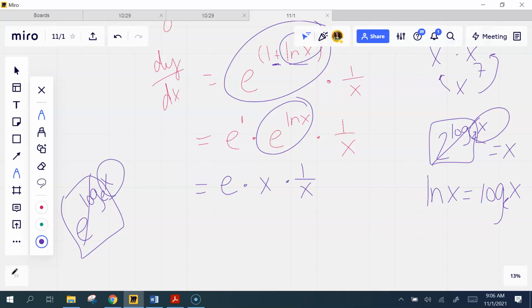Yeah, I had natural log of x. Natural log of x is the same thing as log base e.